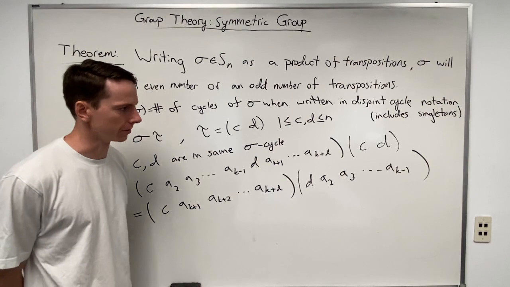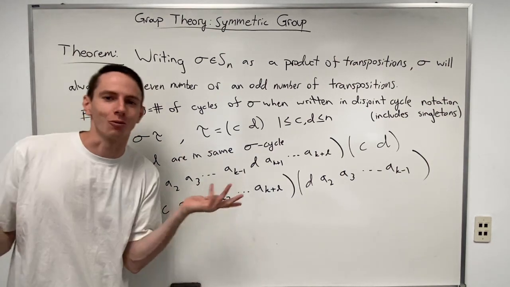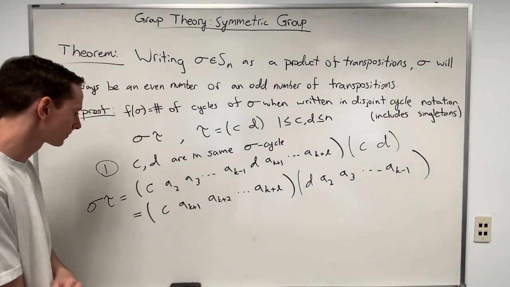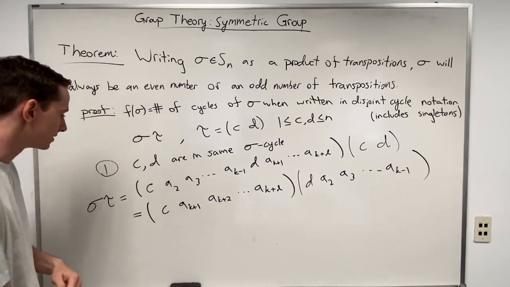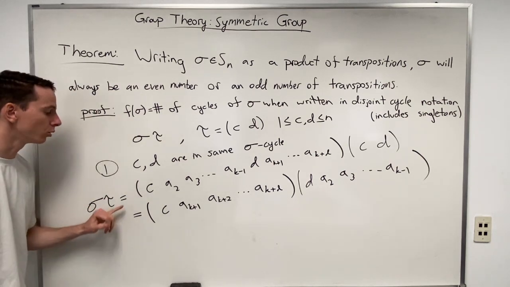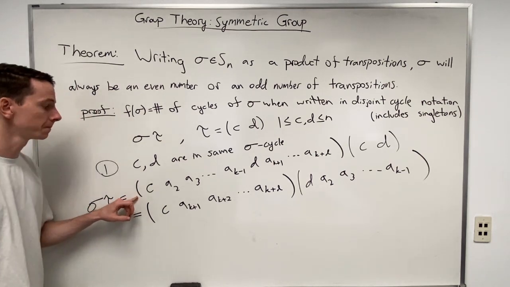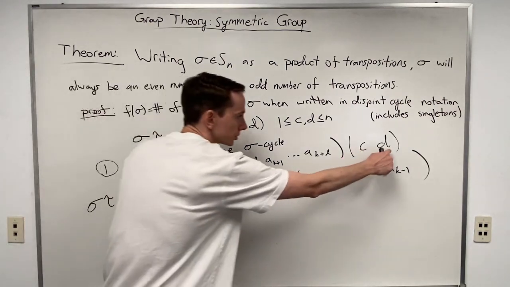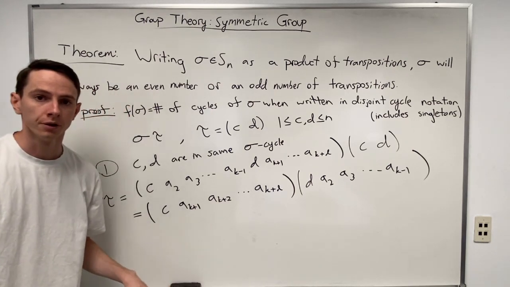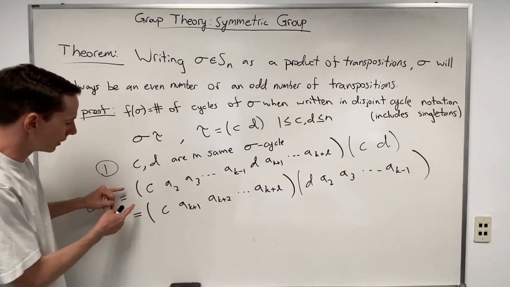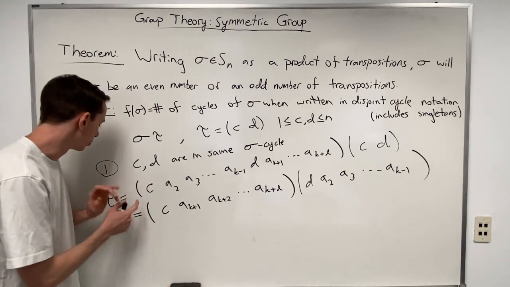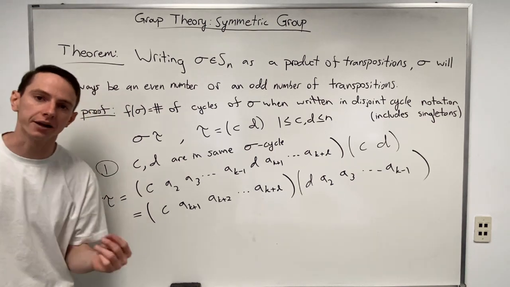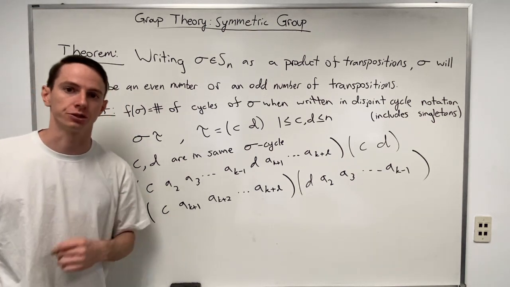Now, why have we done this? Why do this in the first place? Well, the reason is that if we were to write sigma tau just like the first line right here, we see that C is in both of the two cycles, and D is also in both of the two cycles. So if we were just looking at the top line, we would say that sigma tau is not in disjoint cycle notation.